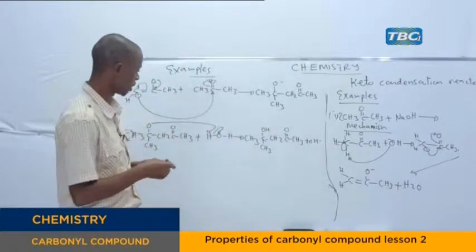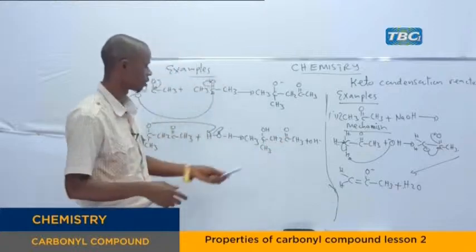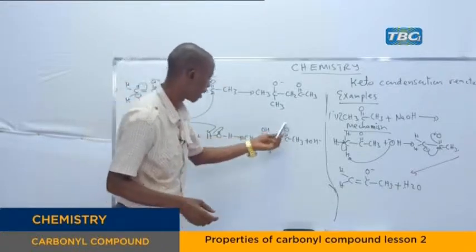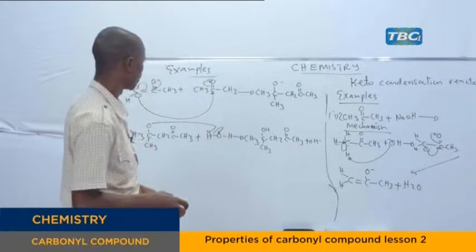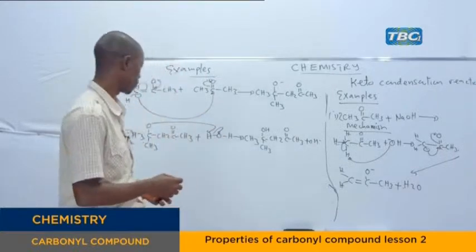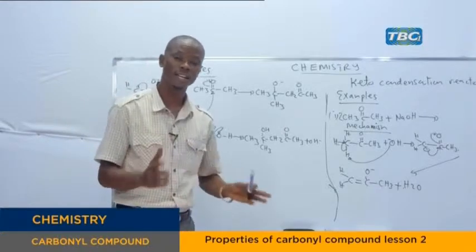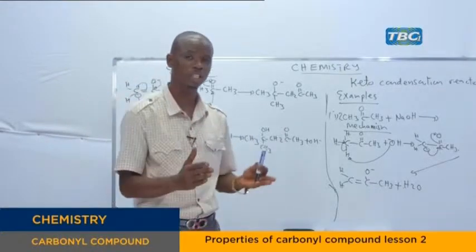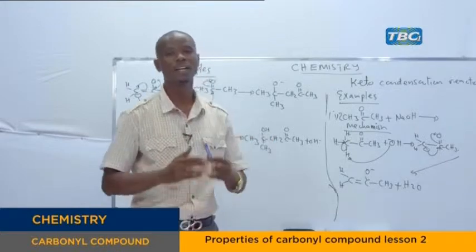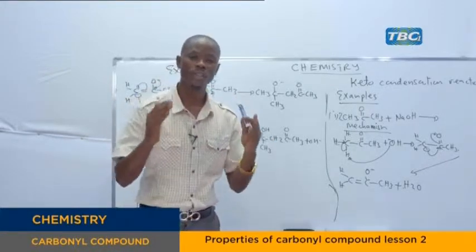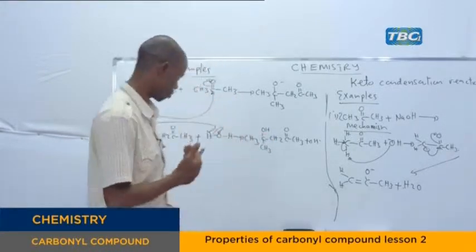So you can see, my dear student, this compound which is formed contains both groups, hydroxyl group and carbonyl group. That is about keto condensation. So this is about aldol and keto condensation reactions for those carbonyl compounds with alpha hydrogen atoms.